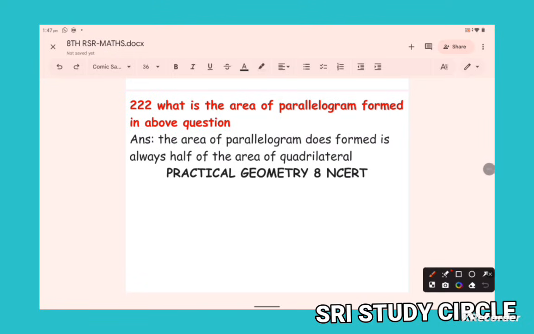What is the area of the parallelogram formed in the above question? The area of the parallelogram formed is always half of the area of the quadrilateral.